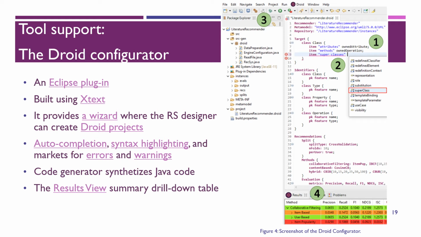Label 3 shows the generation of the Java code by Droid, but the recommender system designer does not have to look into it because Droid evaluates and provides a result view with the results of all the methods for each metric defined. The result view, as shown in Label 4, has a color code guide showing the best methods based on the F1 value in green.